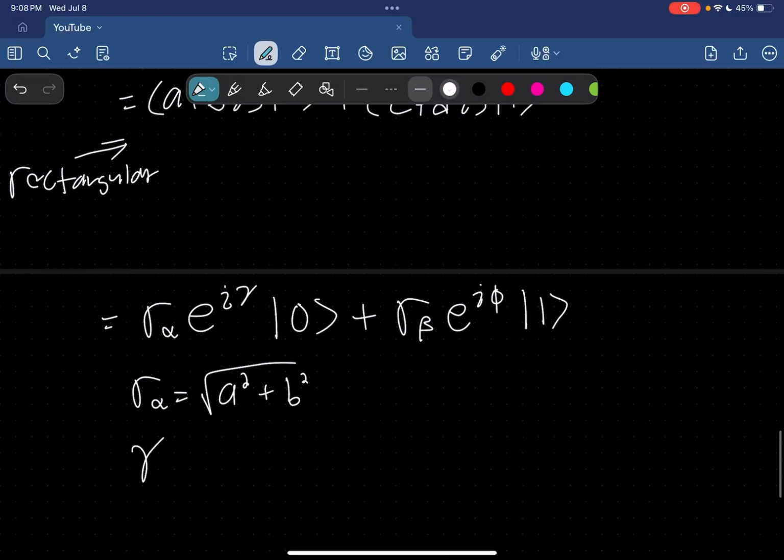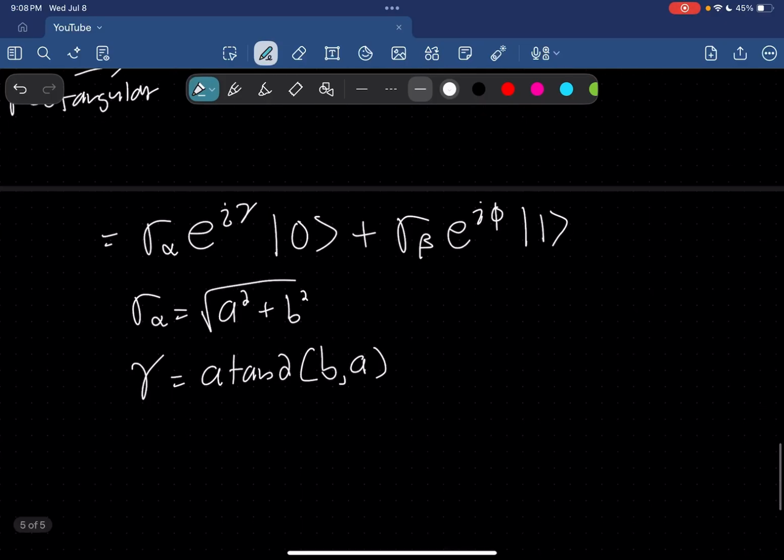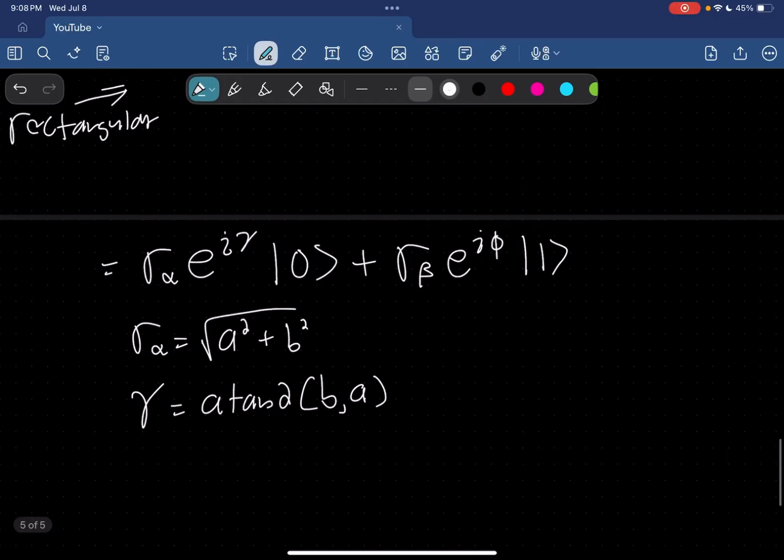And gamma is going to be equal to the inverse tangent of b and a. This is a funny little function that's just sensitive to the quadrants of b and a, so sensitive to their signs, but it is important.